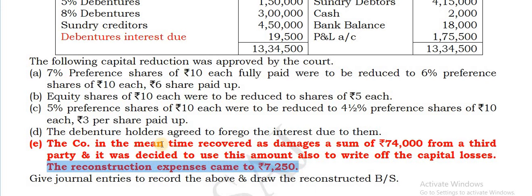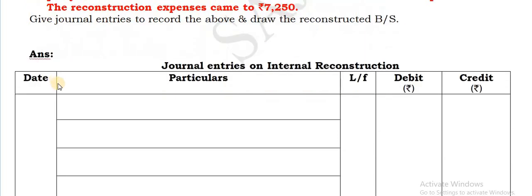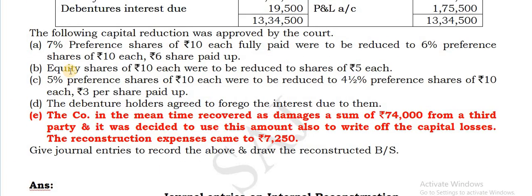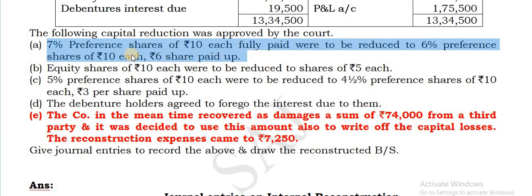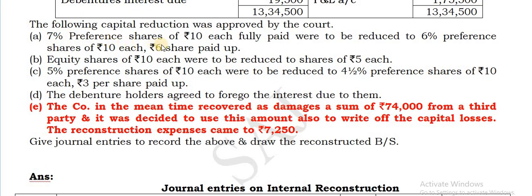So take the columns for the journal entries. You can see point by point about the preference shares being reduced. 7% preference shares of rupees 10 each, fully paid, were to be reduced to 6% preference shares of rupees 10 each, 6 per share paid up.